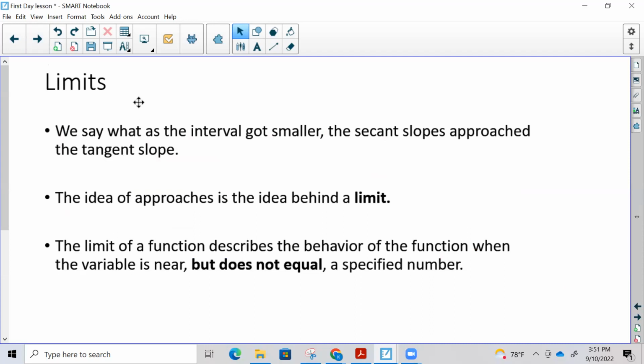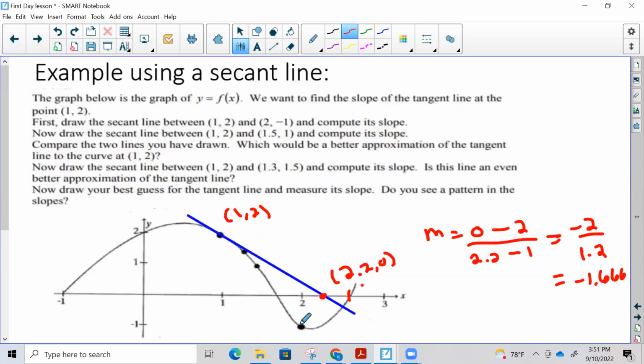So this is the idea behind a limit. We say that as the interval got smaller, the secant slopes approached the tangent slope. And the idea of approaches is the idea behind a limit. The limit of a function describes the behavior of the function when the variable is near, but does not equal, a specific number. So again, we started here and then we moved closer and closer.